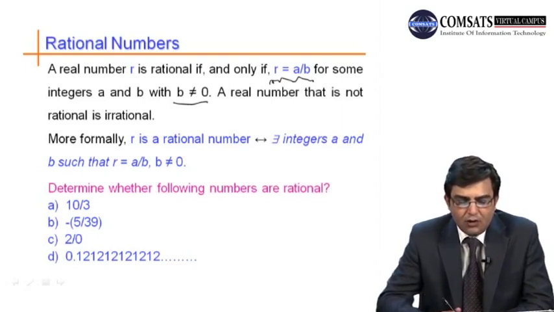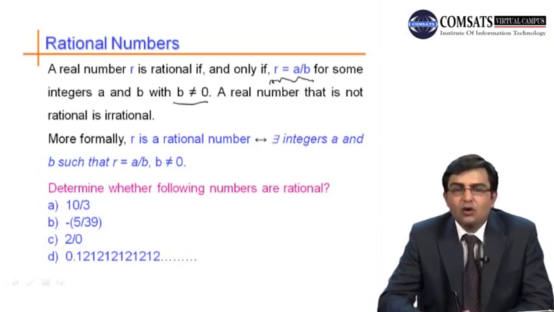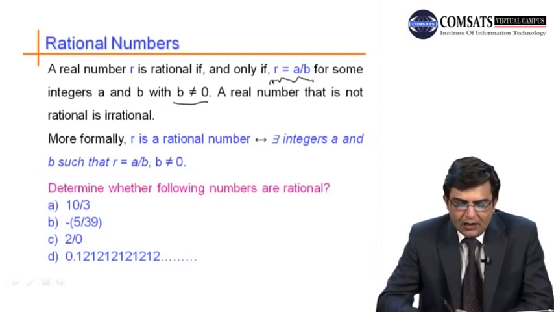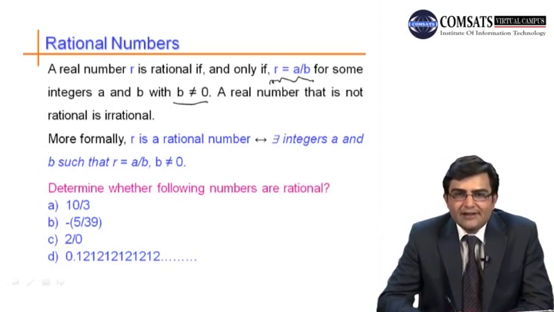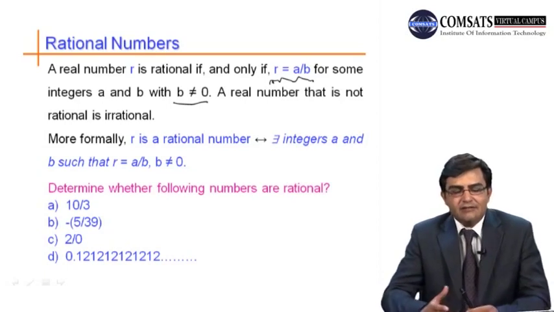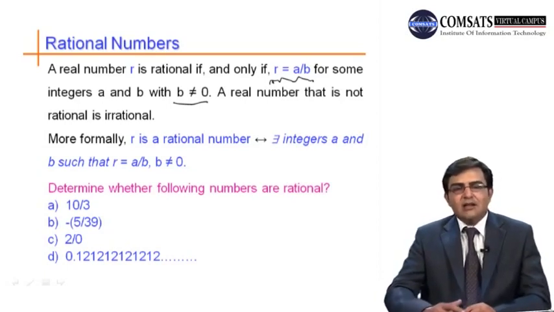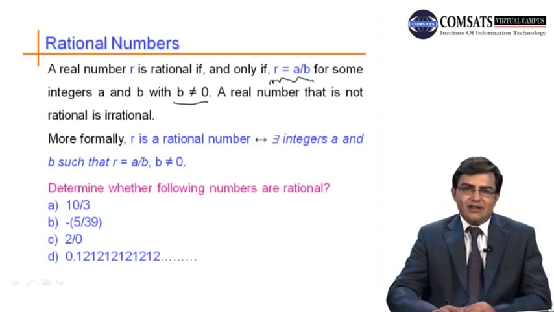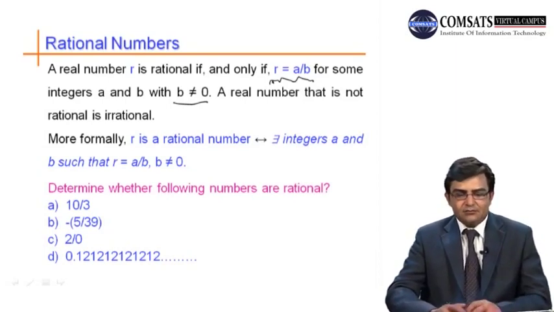So for R to be a rational number, it must be written in the form of a quotient of two integers A and B, where B is non-zero. A real number that is not rational, any real number which cannot be expressed as a quotient of two integers A and B, is called an irrational number. A number which is not rational is called irrational.